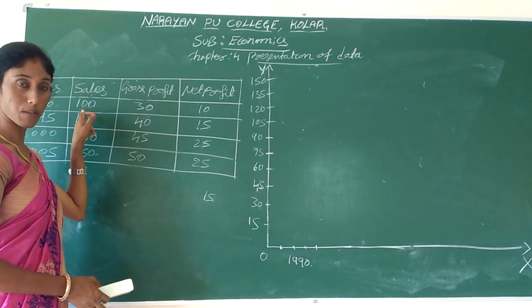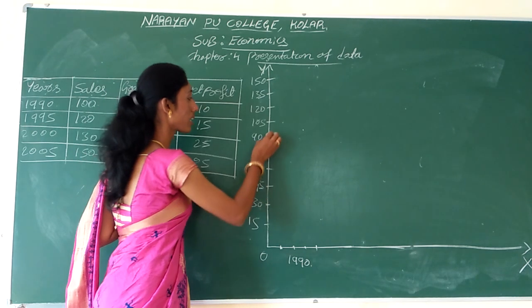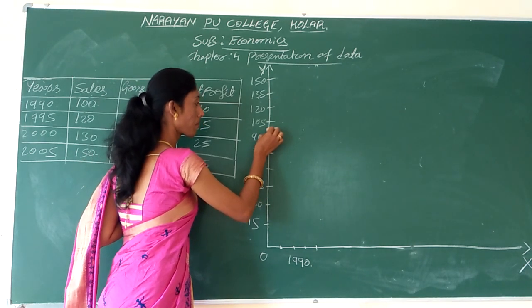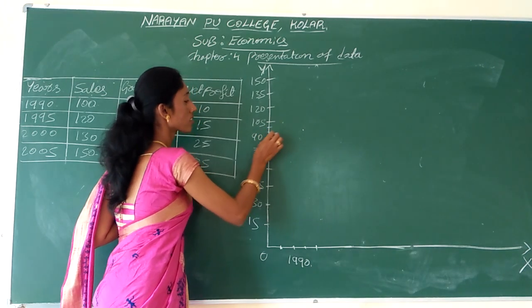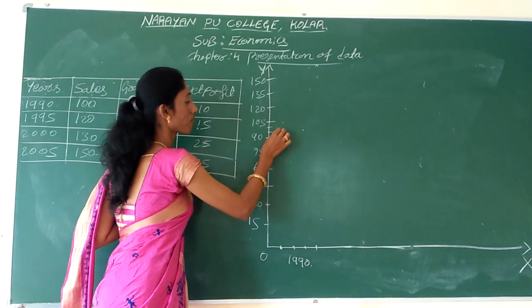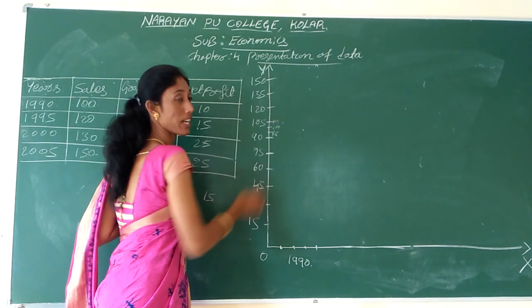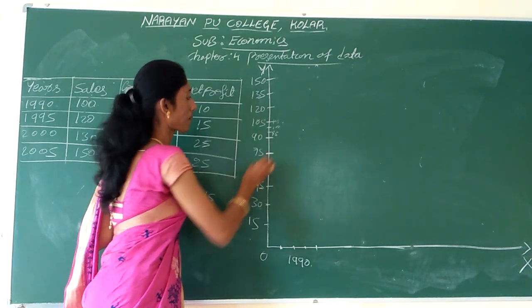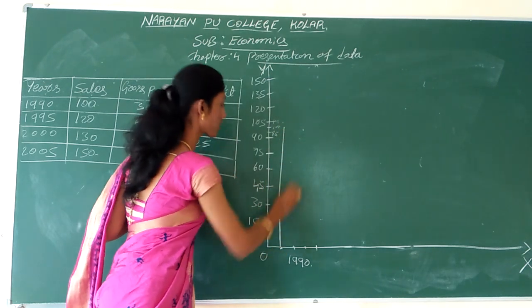Right, the sales of the company in 1990 is 100. Where does the 100 arise? Here we have to make 3 equal parts. This is 90, 95, 100, 105, right? Then 100 arises there or here. Then take a space and join to the first point.